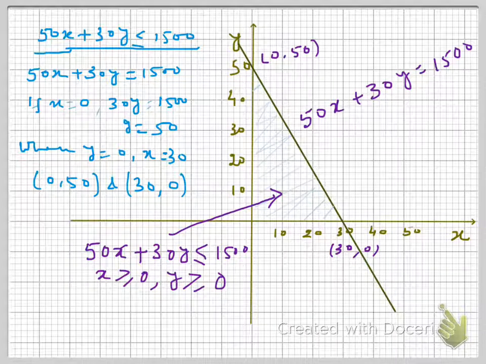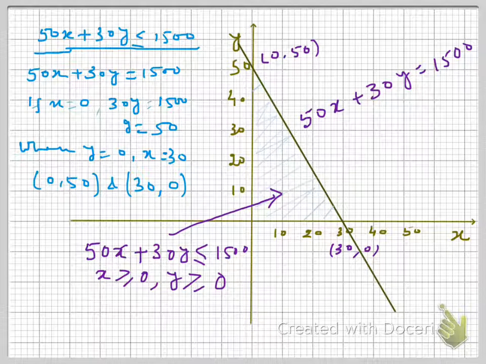Here we have found 2 points. If X equal to 0, then 30Y will be equal to 1500, so Y equal to 50. So a point (0, 50) will be lying on this straight line. Same way, if you take Y equal to 0, X becomes 30, and you have another point (30, 0) on the straight line.